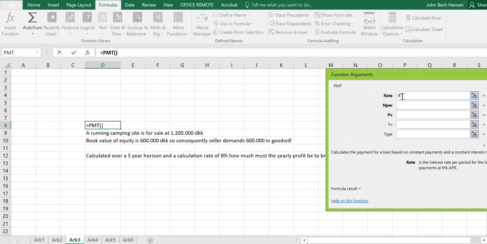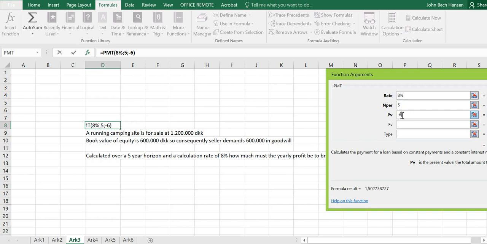I know that my discounting factor or calculation rate is 8%. I'm talking about number of periods here, and I have a 5-year horizon, so it's 5 periods. And I know that my present value here is a minus. We know that when we talk about calculating investment and financing, the Excel formulas are very keen on that.